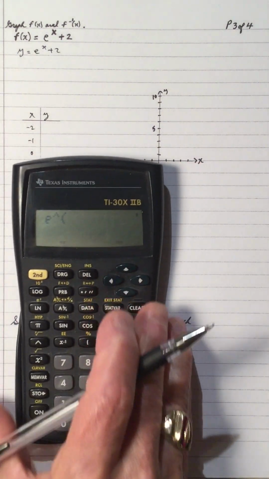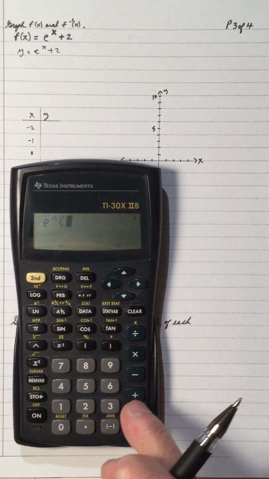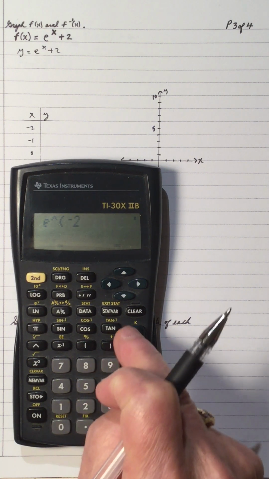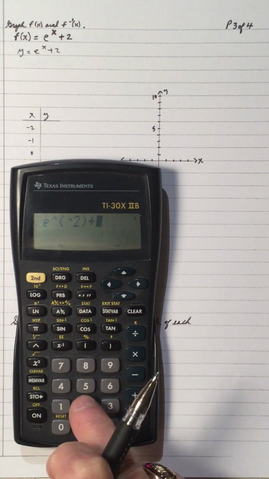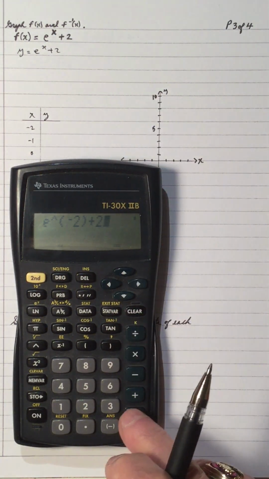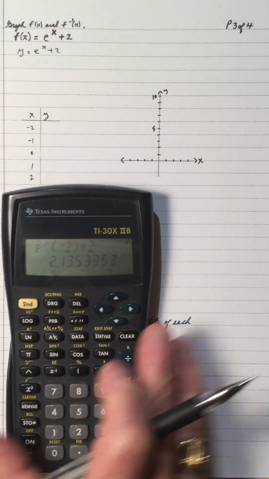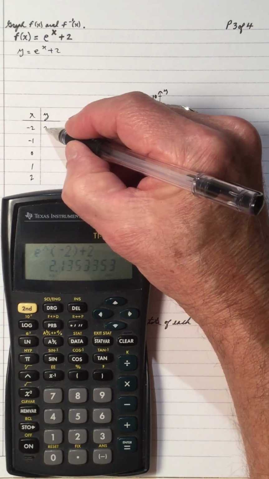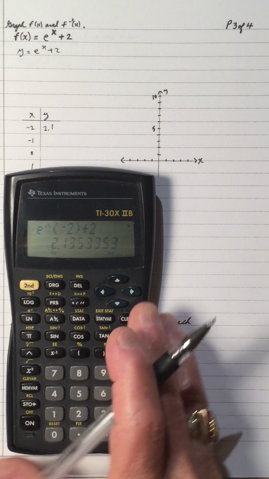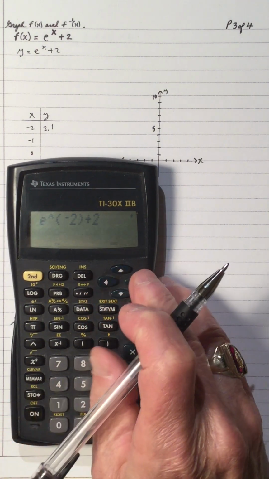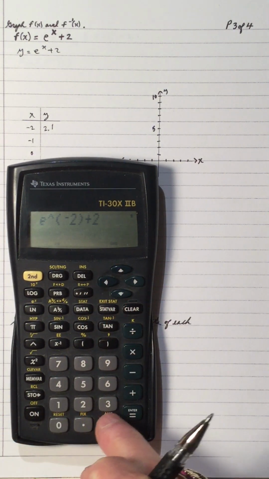So let's put in e to the -2, and plus, now we have to add 2 on. So that gives us 2.13. So let's say 2.1. And go back now and go e to the -1.